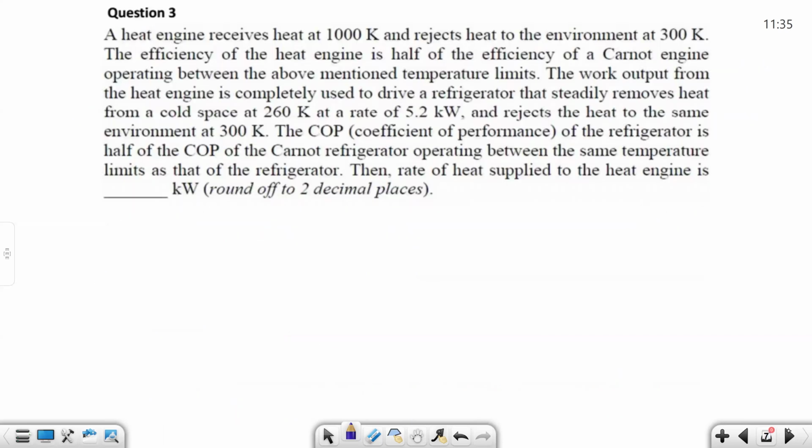Okay, so now we go to the third question. So a heat engine receives heat at 1000 Kelvin. So you have a heat engine, 1000 Kelvin. So this will be the high temperature source. It rejects heat to the environment. So it is a heat engine, maybe takes Q1.